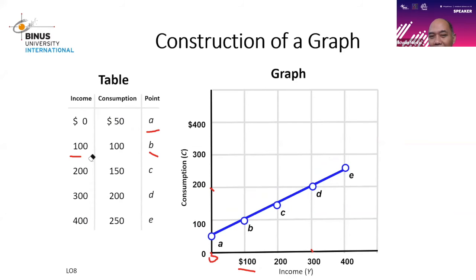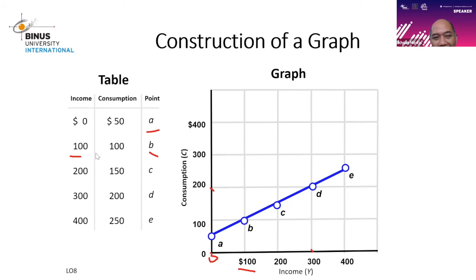Basically, you notice here that the increase in income is not the same as the increase in consumption. If income increases by 100, consumption only increases by 50. Similar here, when income increased by 100, consumption increased only 50.